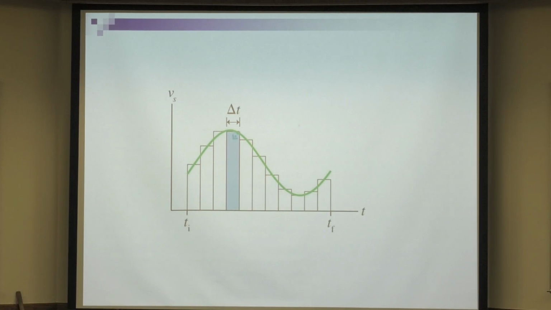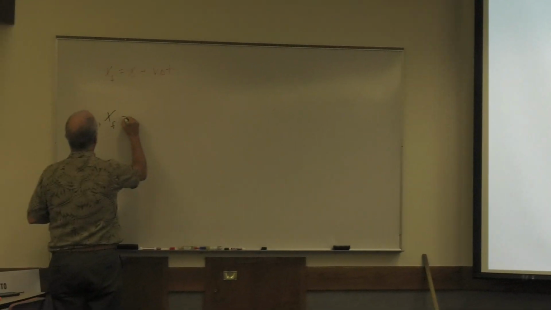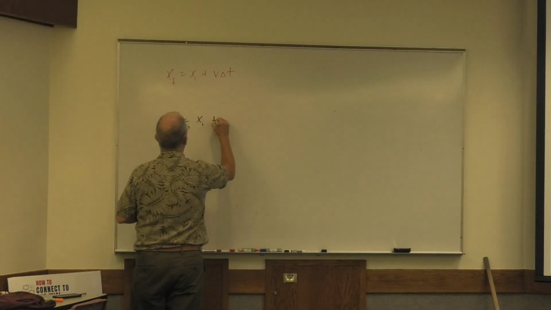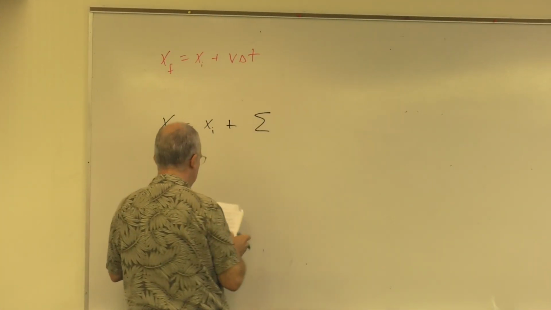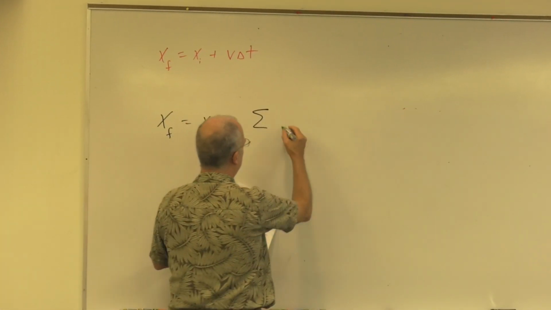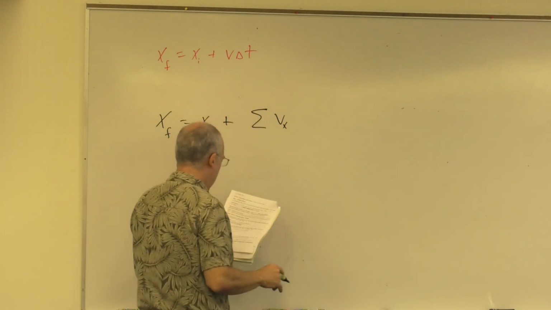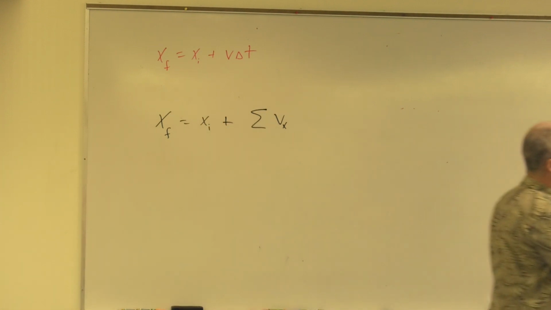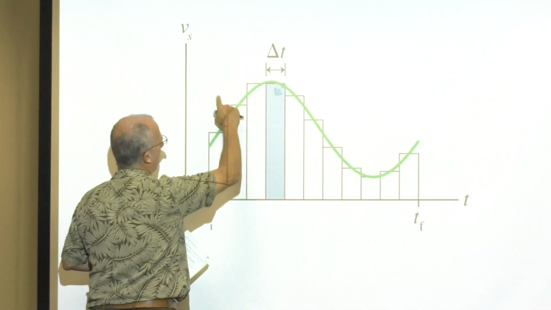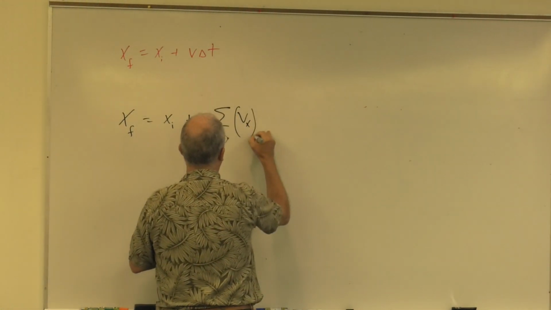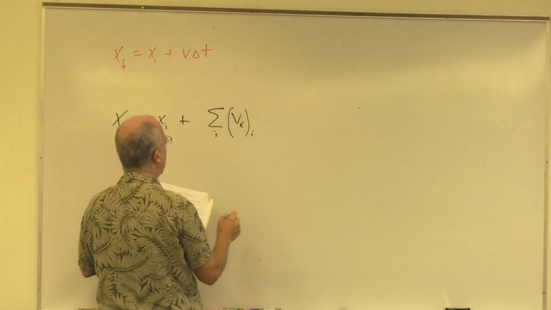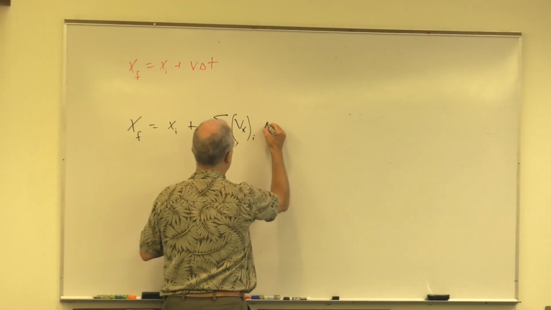Now, basically this is what we're going to do. We're going to say that x final equals x initial, then we're going to sum the vx's. But every v is a little bit different, right? This velocity is different from that one, so we label them and then multiply by delta t.